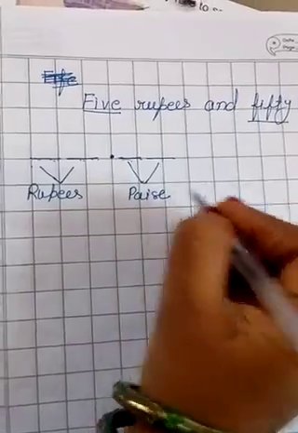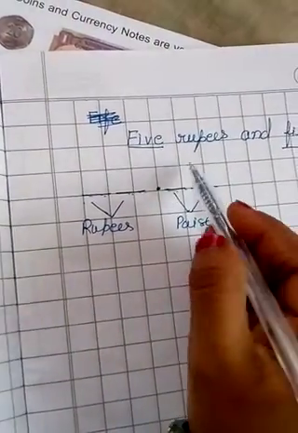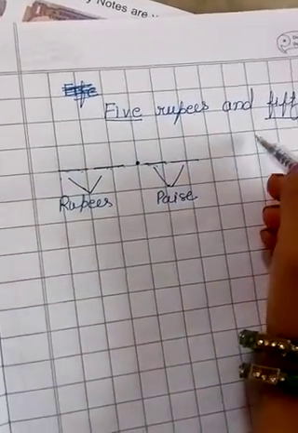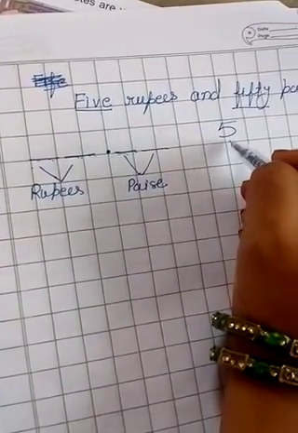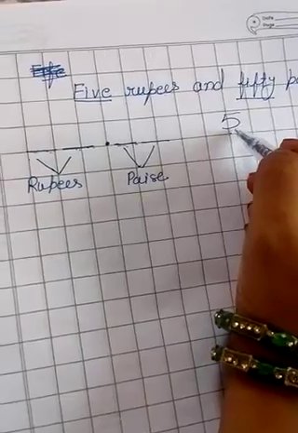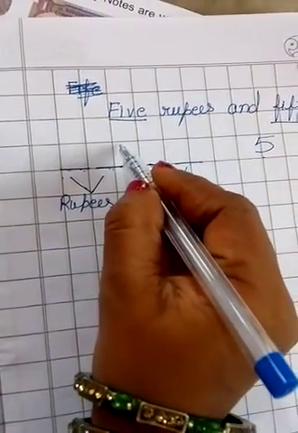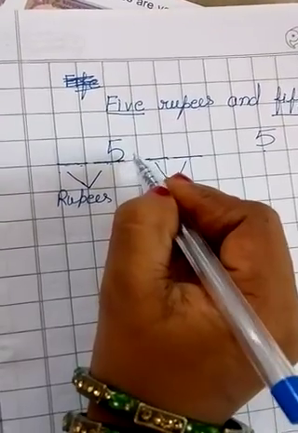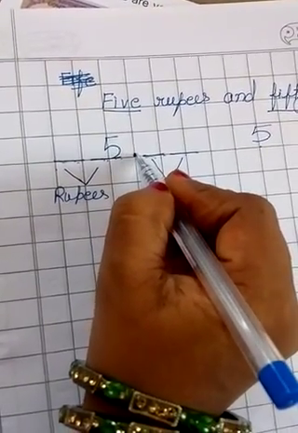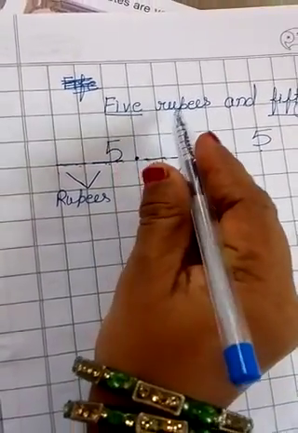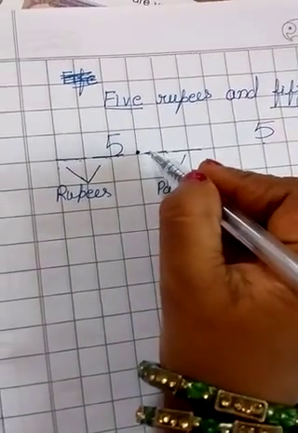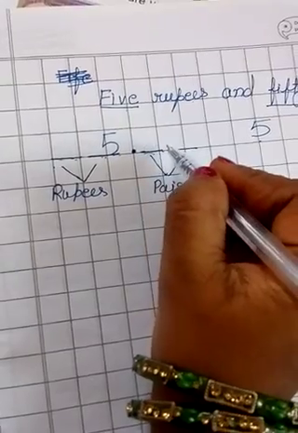Okay children? First we have to write down 5 rupees. In 5 we have only one digit, so here we will write down 5 just before this point. Rupees we write before the point, and paise we write after the point.